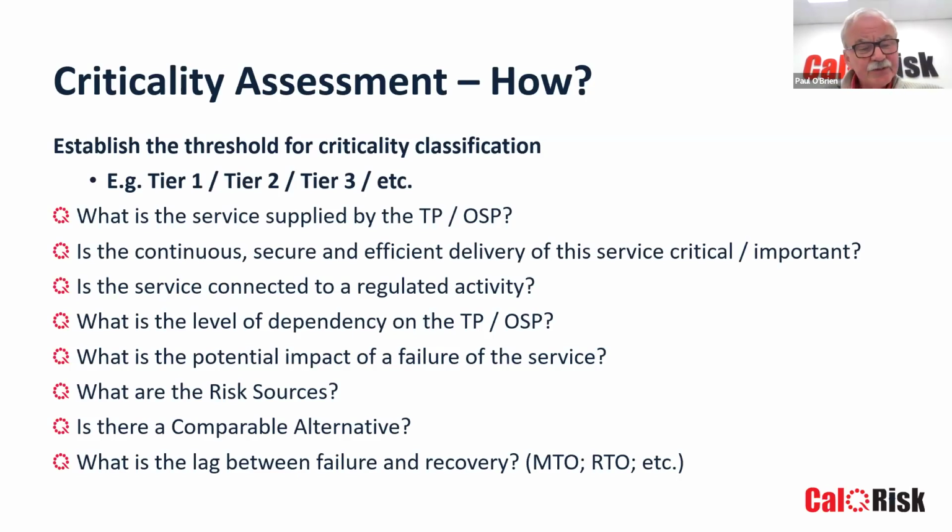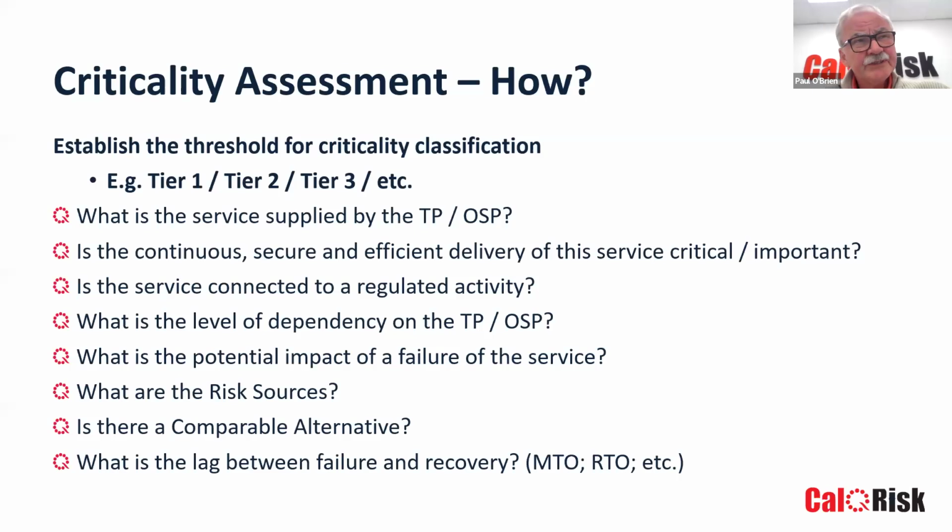You need to look at where the risk sources are. We'll talk a little bit about risk assessment in a minute. One of the things that is useful to know is whether there is a comparable alternative. So if this provider failed, is there somebody else that you know could provide you with the service, albeit perhaps at higher cost, or perhaps with some delay? And then finally, I'll talk about the delay issue.